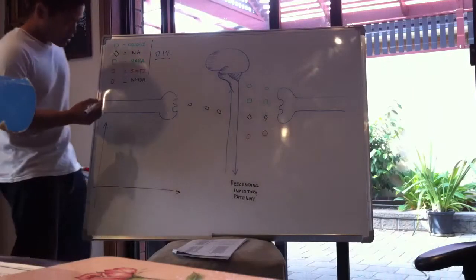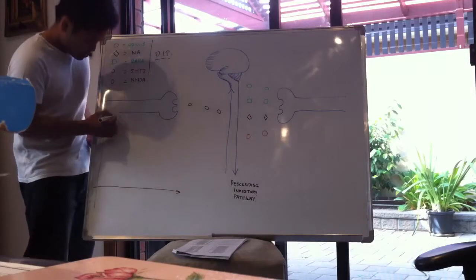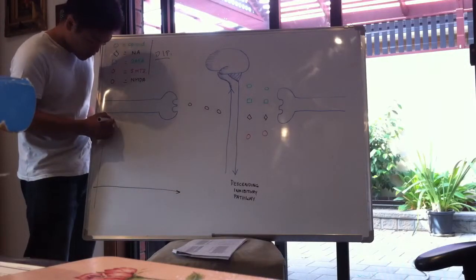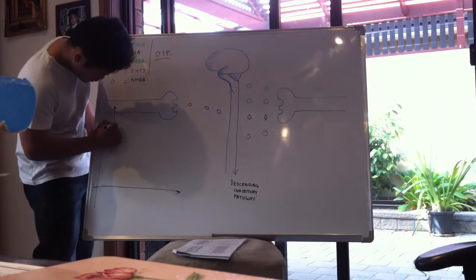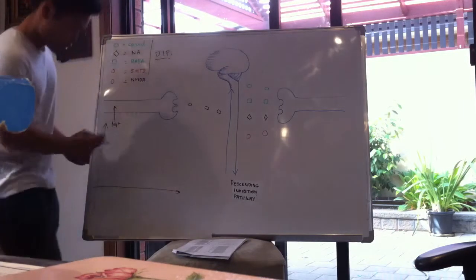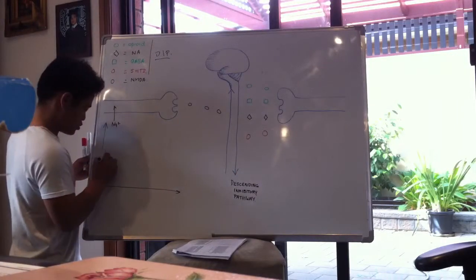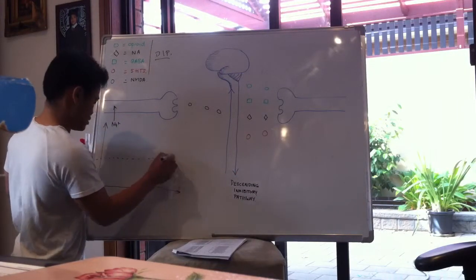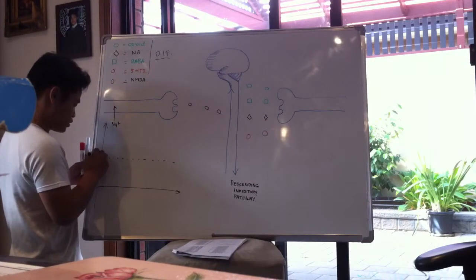So in the neurons, when there's a signal, you get an influx of Na, which on this diagram here is our cell voltage.